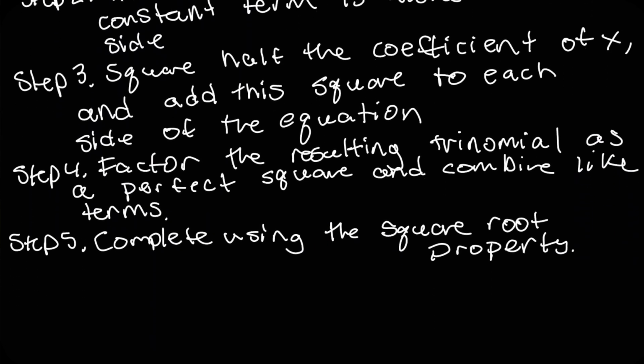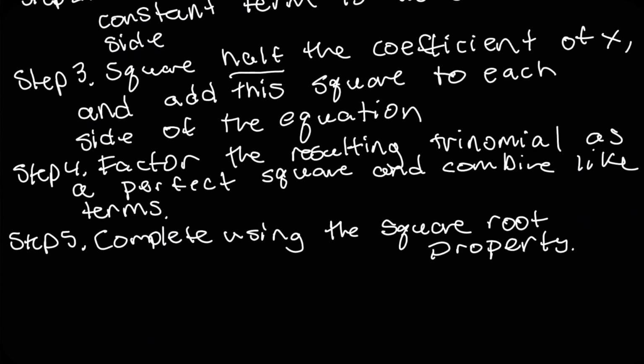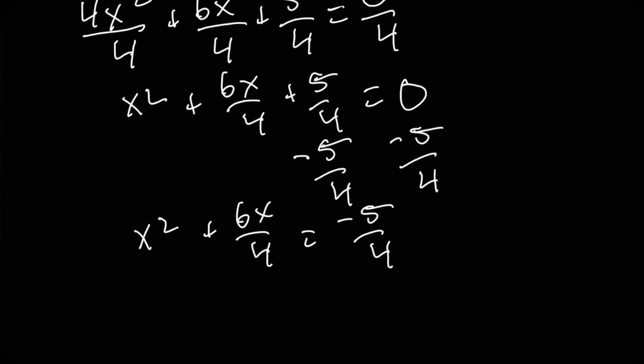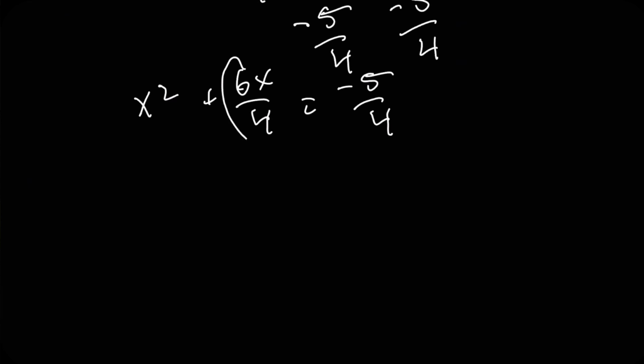Now we need to square half the coefficient of x and then add this to both sides of our equation. So our coefficient of x is this 6 fourths. So it says you want to go ahead and take 6 fourths and then take half of that and then square it. Well, let's see what we can turn this into.